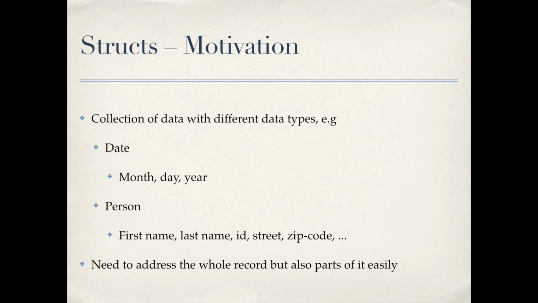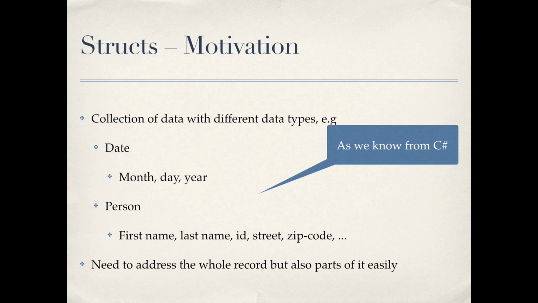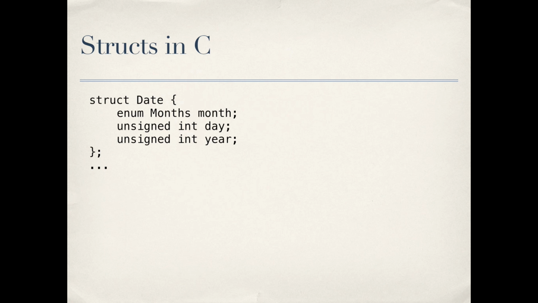And we need to address the whole record or also parts of it easily. So you know this from C#. The interesting thing is how we can define structs and declare variables. A struct in C is basically the same as in C#.